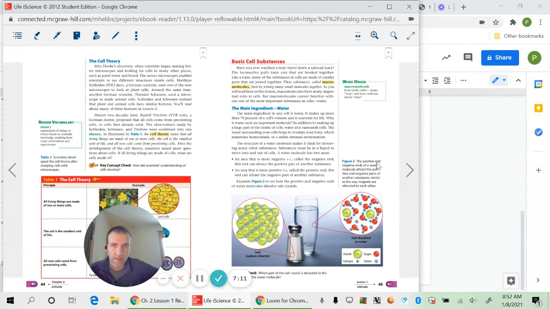So also take a look at this caption right here next to the picture. Take a look at this figure. It's always helpful to look at the pictures. But in these 2 paragraphs, they also answer that question for you. So please take a look at those to help you out with that last water question.